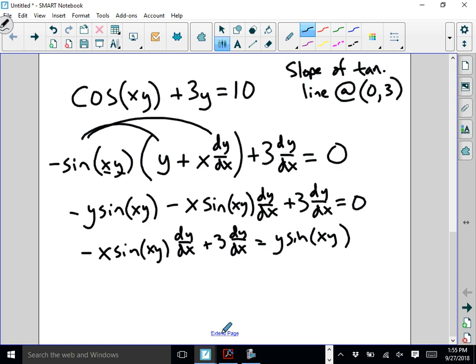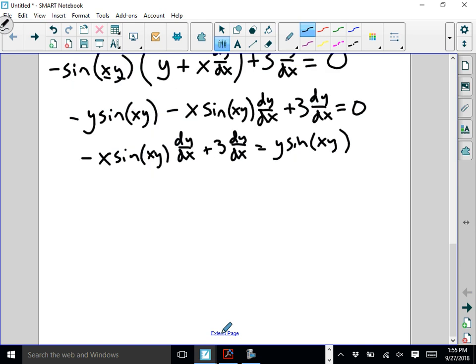So let's help ourselves get better at this. Right? When we move that negative y sine of xy over, it becomes positive y sine of xy. All right, now let's factor out our dy/dx and divide. I'm going to do that in one step here. And I want you guys to start doing this move in one step as well, if you're comfortable.